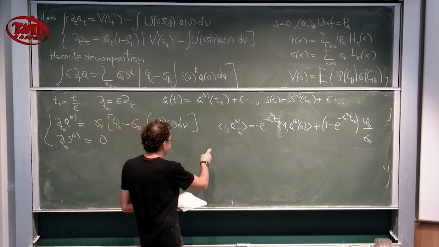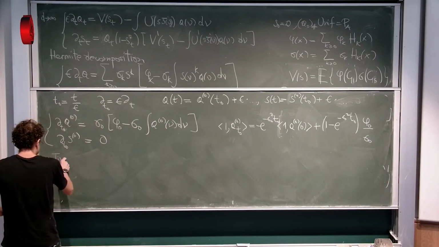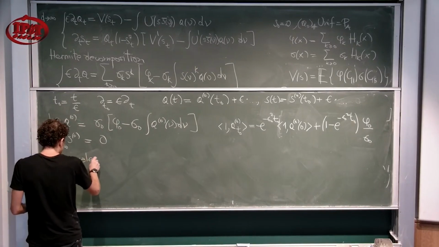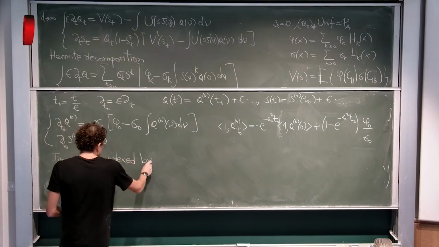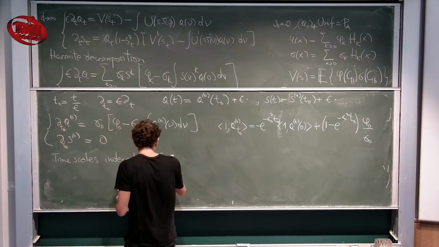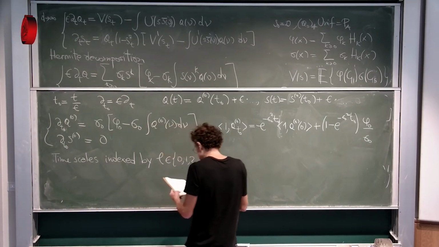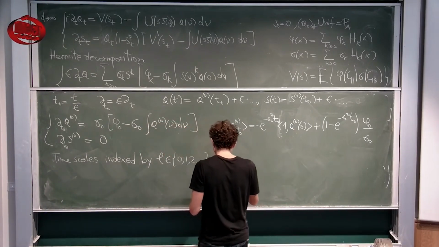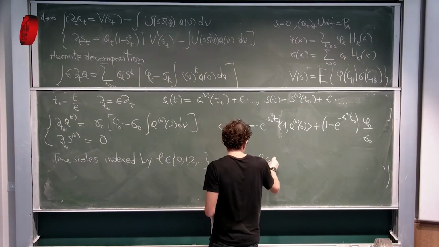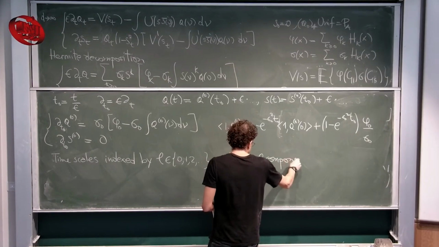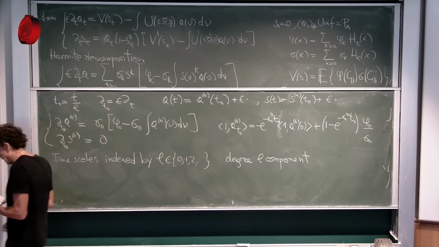But in general, we will have a sequence of time scales indexed by L. L will be 0, 1, etc. And on time scale L, you will learn the degree L component of the target function, so basically the phi.